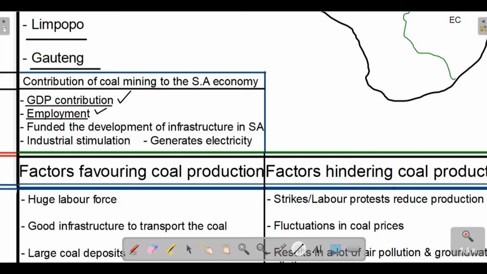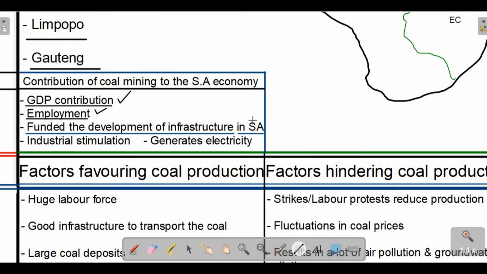So mining has a history here in South Africa. It is a cornerstone of the South African economy. A lot of cities, a lot of towns developed because of mining. And because these companies needed to transport these minerals, they had to build roads. Okay, so they funded the development of the infrastructure that we see today in South Africa. It was largely due to the minerals that were discovered in the country.